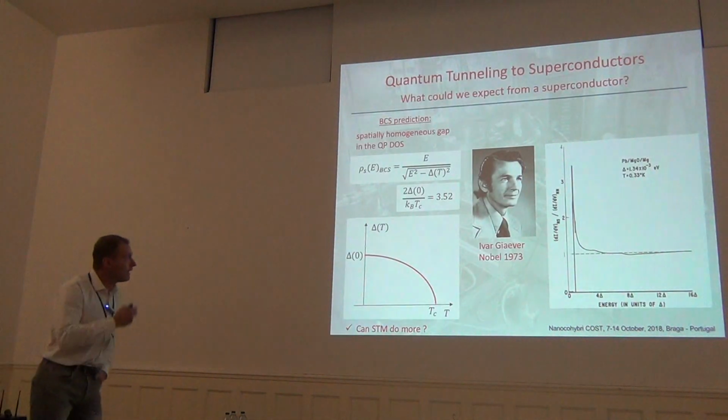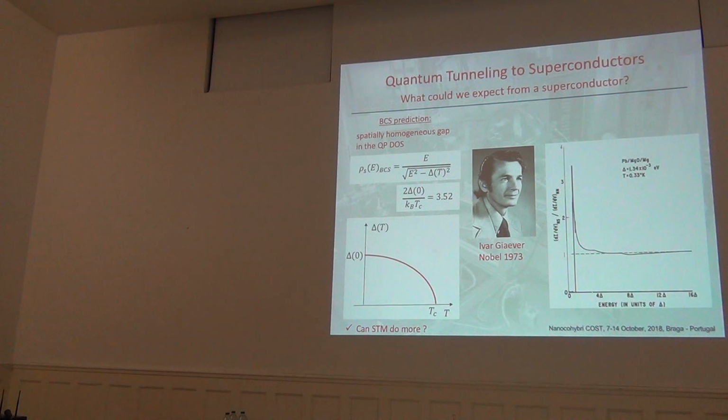Okay? Now we are done, and we are in 1973, and this is the story of Ivar Giaever, who doesn't believe in tunneling, and who gets a Nobel Prize by measuring the density of states of lead, and he observed the superconducting gap in agreement with the BCS prediction that in a superconducting state, you have a superconducting gap of width delta, which in the weak coupling limit is related to the critical temperature.